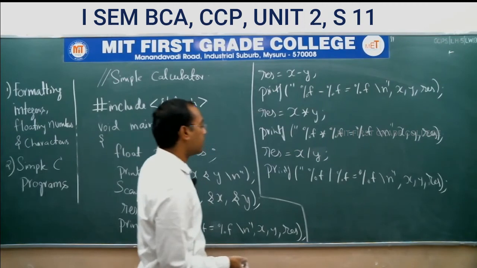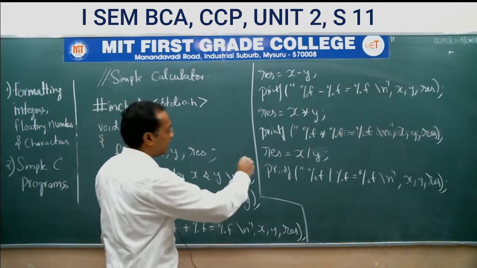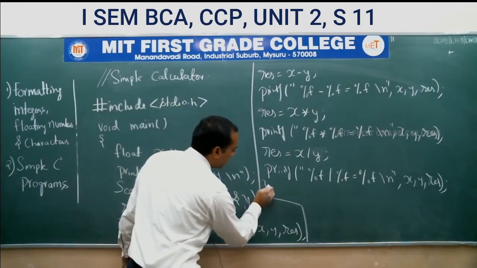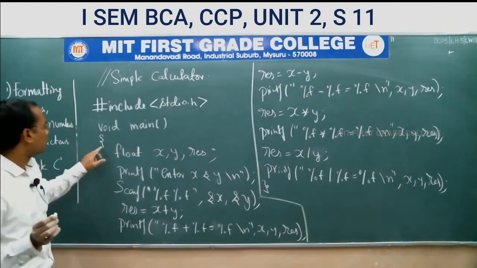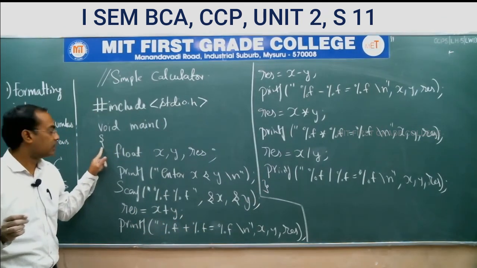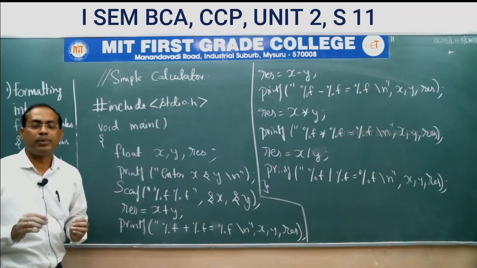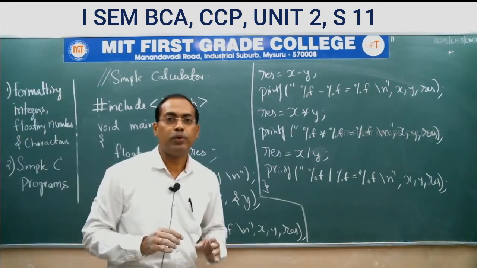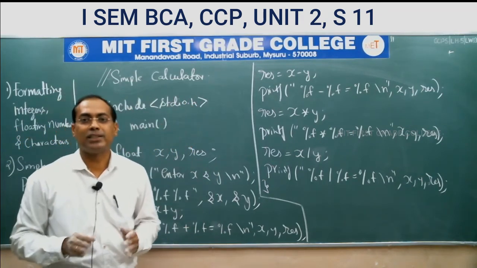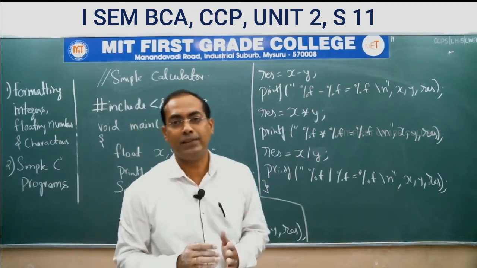So we computed all the four operations. Now close the flower bracket of the main function. This is a simple program to compute addition, subtraction, multiplication and division.